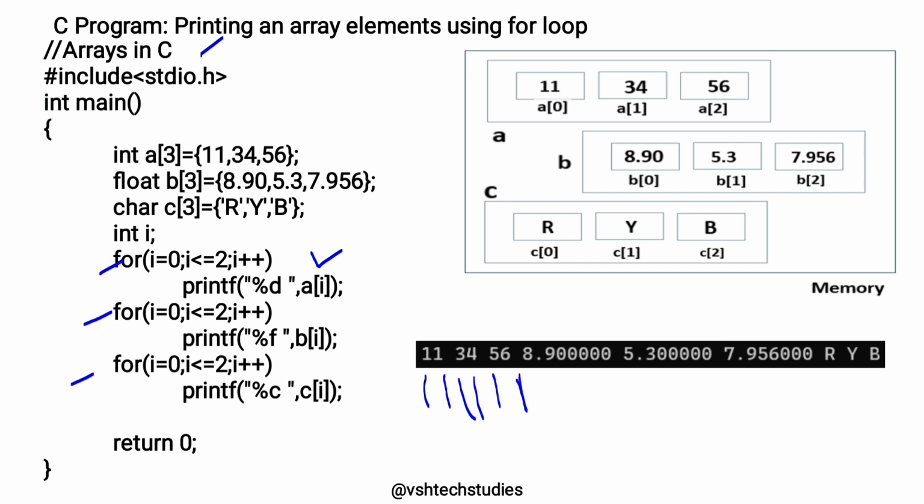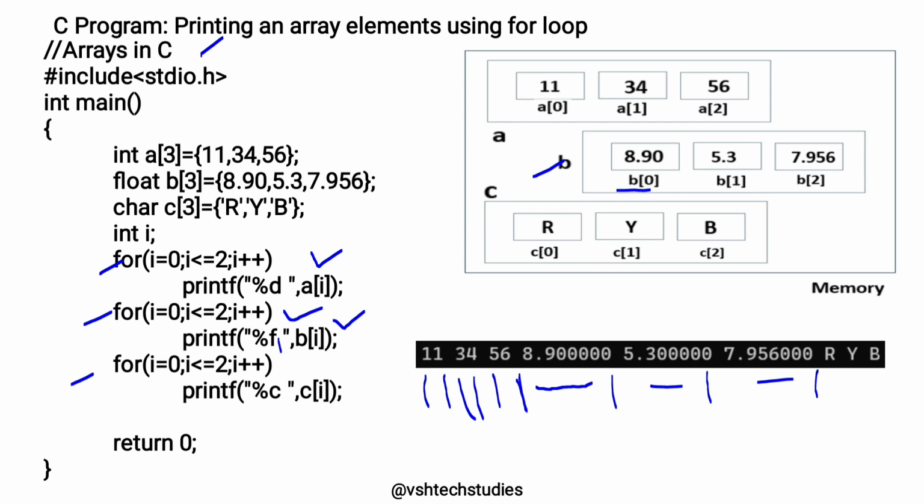After that the B array elements, with %8.6f meaning a precision of 6 digits after the decimal point. Then leave a space. So space, the next element again space, the next element again space, till here from array B. So they are printed by this for loop.